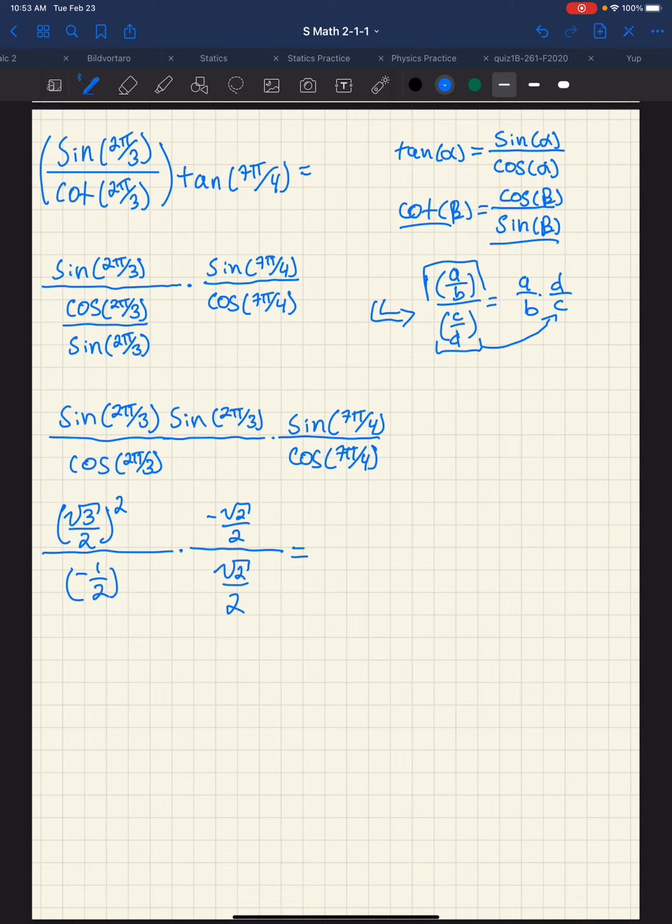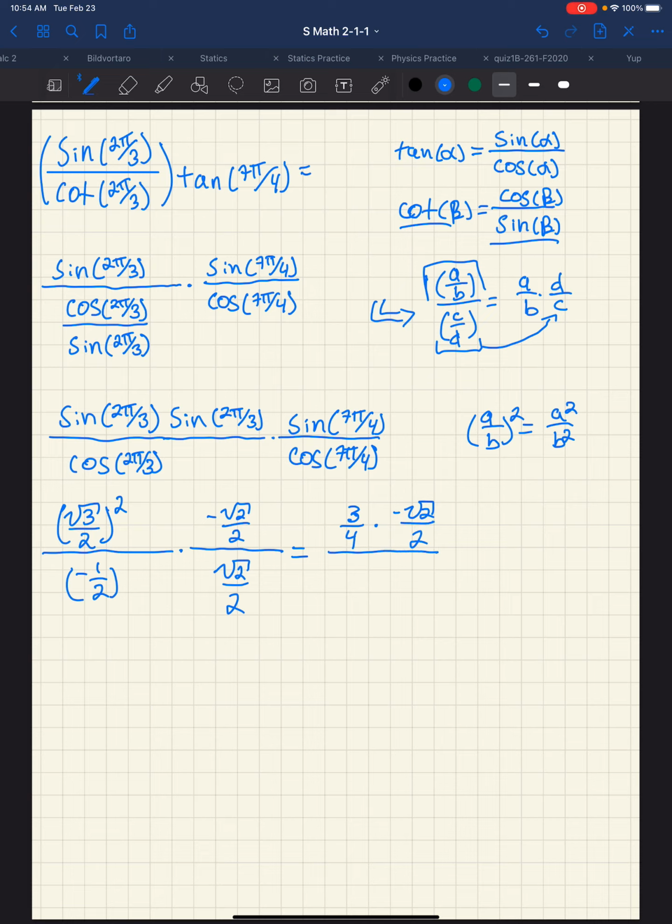So, now we can simplify this a bit more. Well, root 3 over 2 squared is the same as 3 over 4. We can remember this because a over b squared equals a squared over b squared. Okay, now this here is getting multiplied by a negative root 2 over 2.